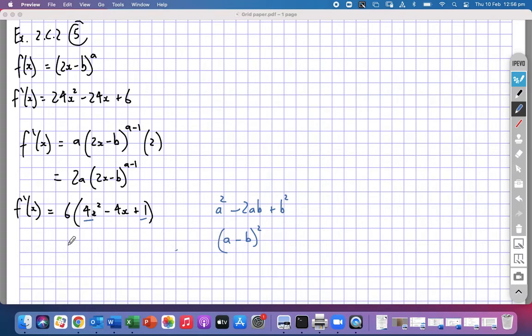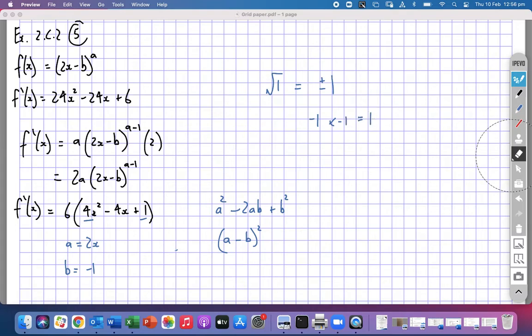What would the a term be? It would be the square root of 4x squared, 2x. What would the b term be? Given that we'd need an a minus b perfect square, the b term, I think, could be minus 1. If I took the square root of 1, you could have had a plus 1 or a minus 1 because minus 1 times minus 1 is positive 1.